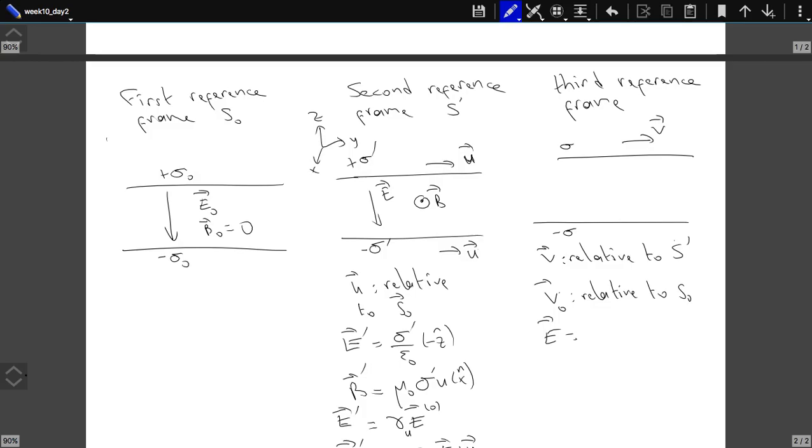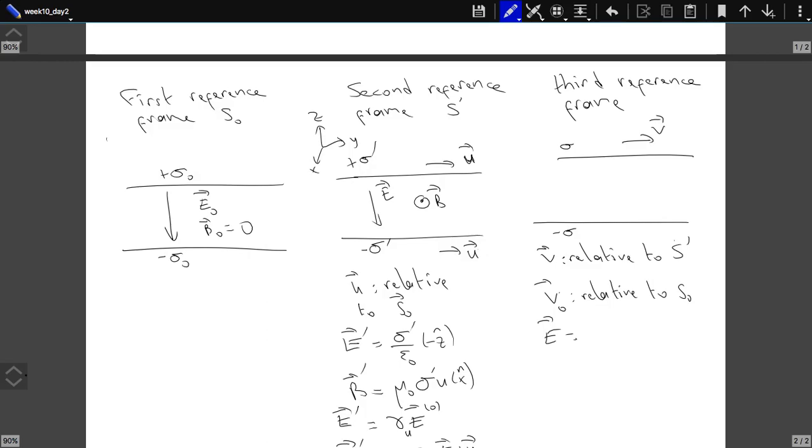In that case, the plates are moving with a speed minus u. Are you following? So the speeds are kind of getting confusing. We have the relative speeds of reference frames, we have the speeds of the plates, etc. So we have to be precise about which speed is which.